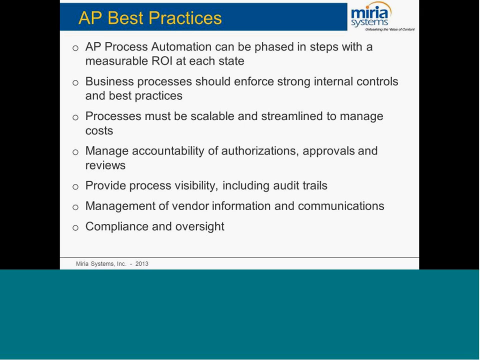Manage accountability and authorizations and reviews. Provide visibility to what's going on. How much cash do I have going out tomorrow, next week, next month? What are my projections? Those things are all possible when you automate the AP process. And then, of course, managing of vendor information, compliance and communications, and overall oversight of the whole application.